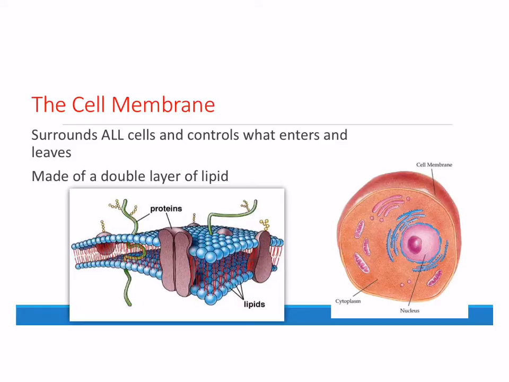So it's more than just surrounding. It's actually keeping track of what's going in and out, like a door. The cell membrane itself is made of a double layer of lipid, and you know what lipid is. Here the blue circles represent molecules of lipid, and they make a double layer that forms the cell membrane.